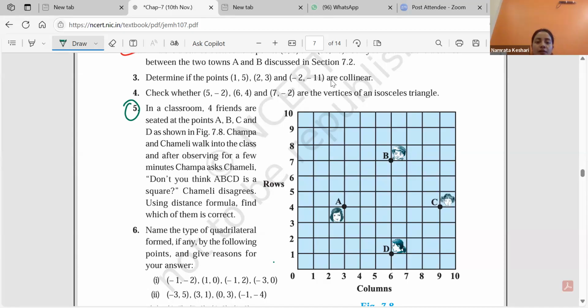So we can see the coordinate of A. It is not given, but by using the class 9 coordinate geometry concept, the coordinate of A, x is 3 and y is 4. Can you see that?